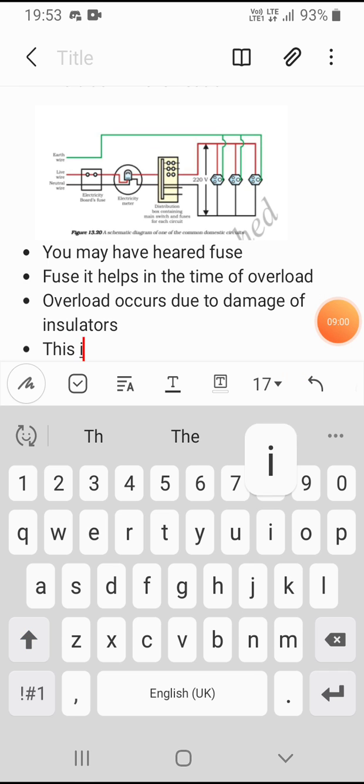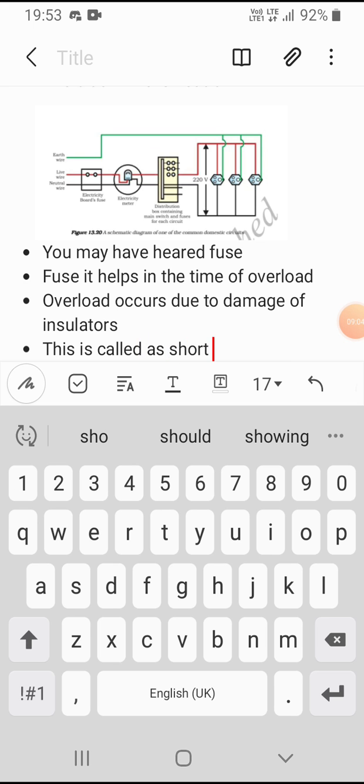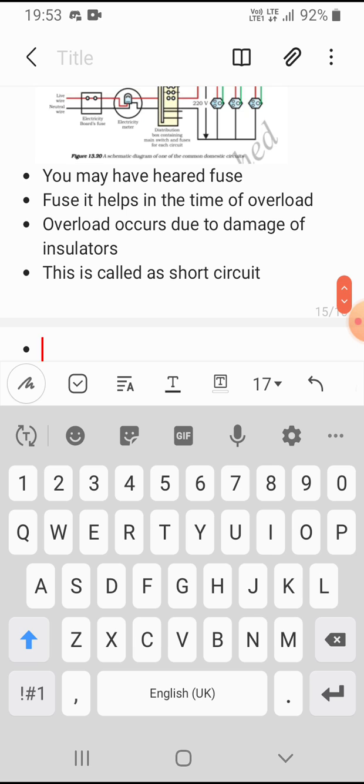This is called a short circuit. You may have heard about a short circuit happening. It is because the live wire and the neutral wire get attached to each other. Because of the overload of current, there will be a short circuit in the current board.